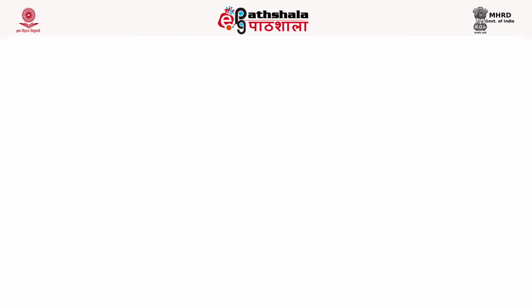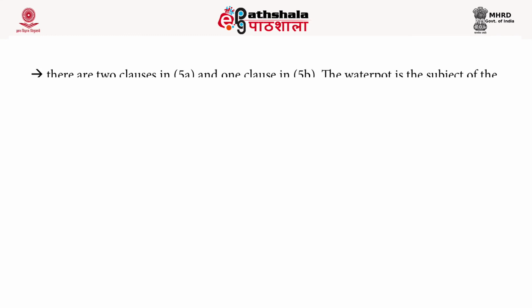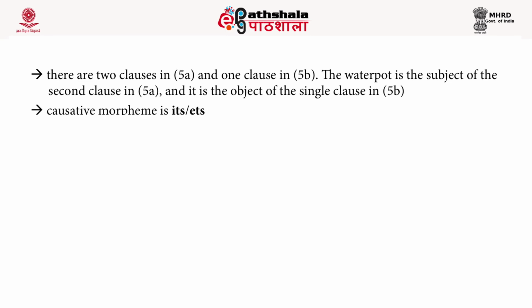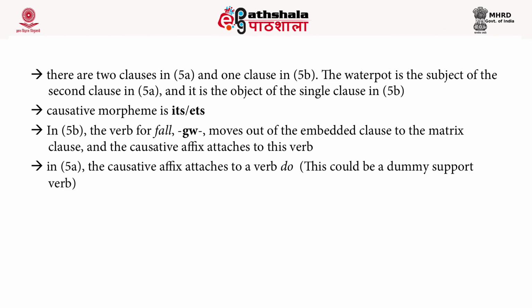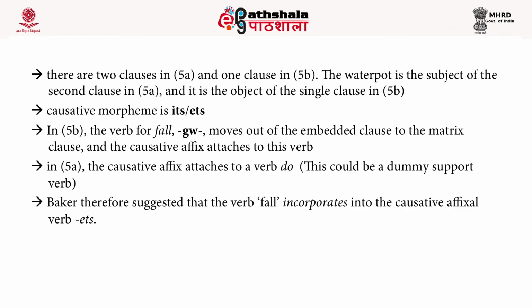Now we can see that there are two clauses in 5a, whereas there is one clause in 5b. Water pot is the subject of the second clause in 5a, object of the single clause in 5b. In Chichewa, the causative morpheme is its, and the verb for fall is the morpheme gwa.